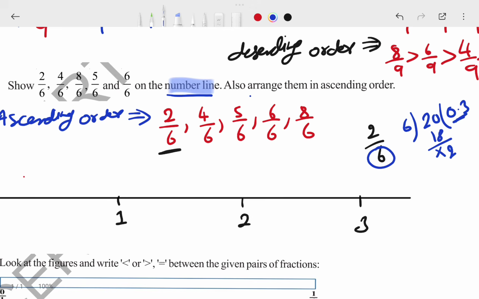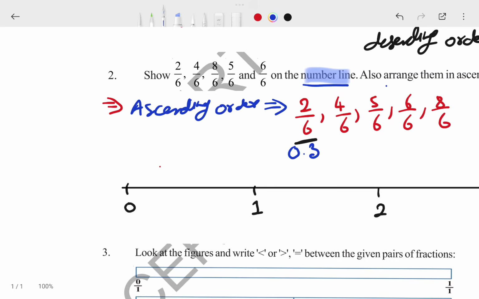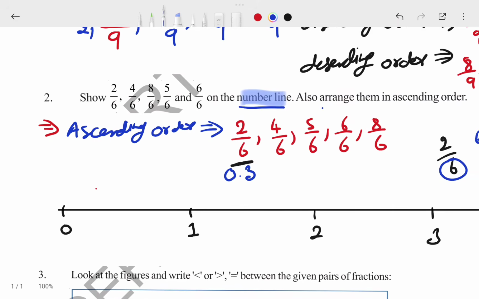The answer, 2 by 6, is representing 0.3. So where is 0.3? 0.3 is here, na? Because this goes 0, 0.1, 0.2, 0.3. So we will write here easily, this is 2 by 6, because this is the 0.3 number.